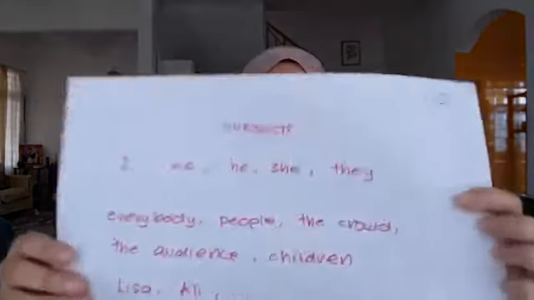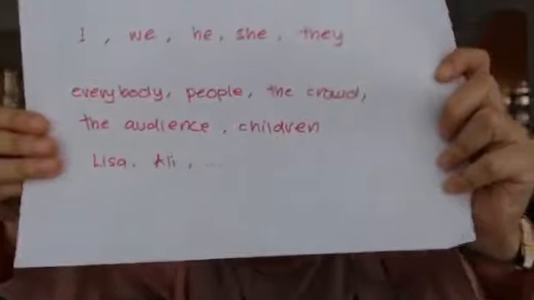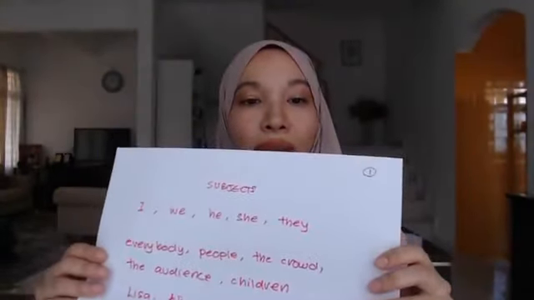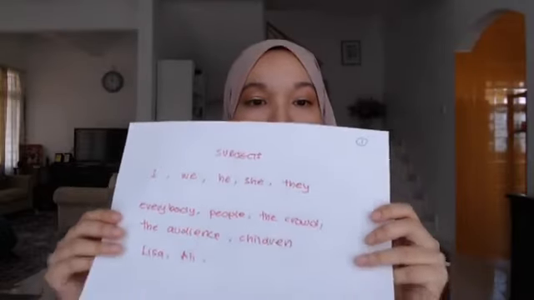So what are people? I've got several things to show as well, so I'm going to be referring to this one. Now I'm going to show it a bit close. Is it right? I hope it's clear. So these are the subjects: I, we, he, she, they.